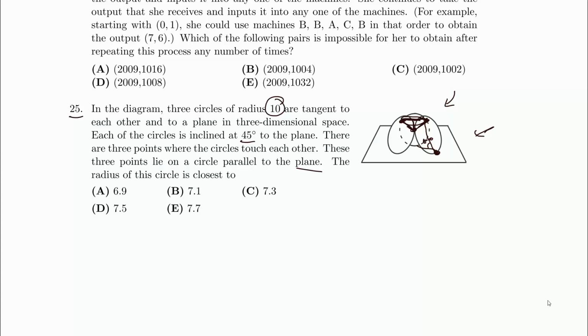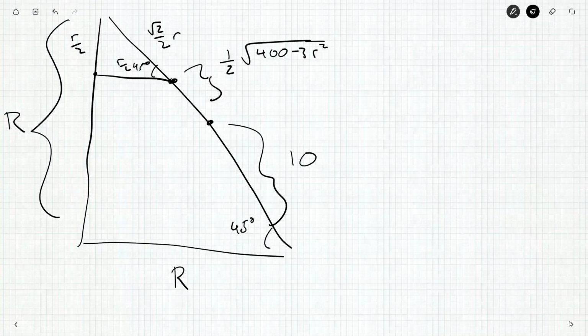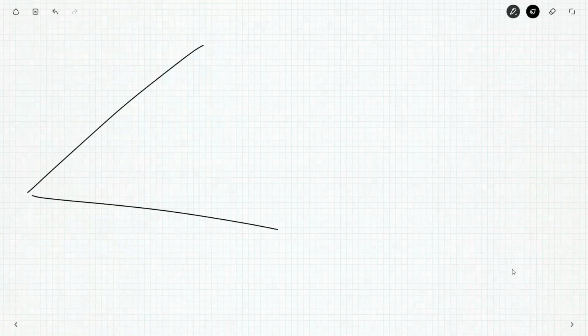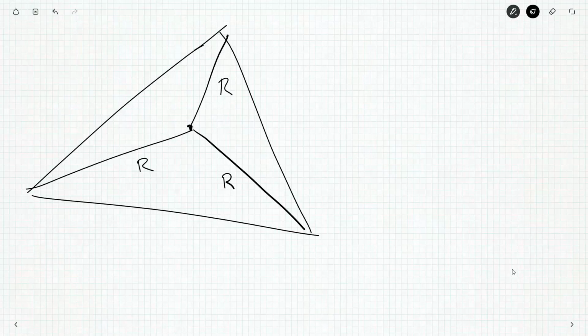So I wonder, could I use the equilateral? I've got one equilateral triangle, but could I use the equilateral triangle at the base anymore? Draw a picture of it. So I've got this nice center point, got this R here, R here, and R here.